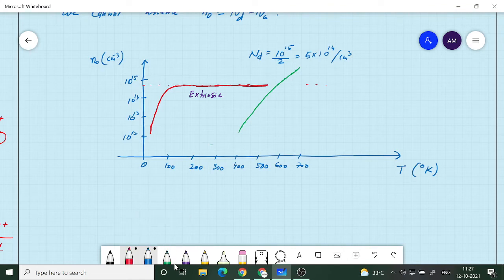So the concentration of electrons doesn't change until Ni becomes significant, but as Ni becomes significant, it follows this. It will be determined mostly by Ni at high temperature. That region is what we call intrinsic.